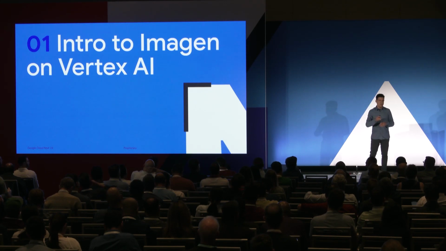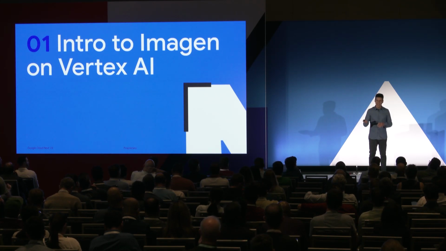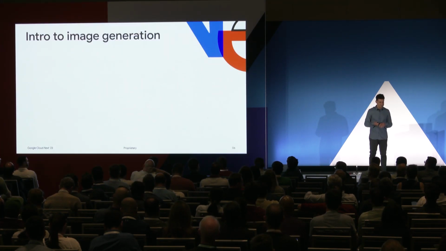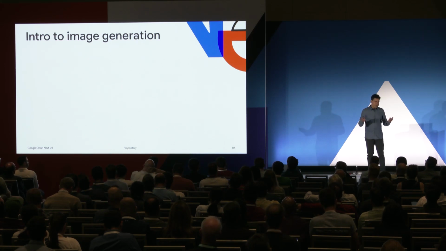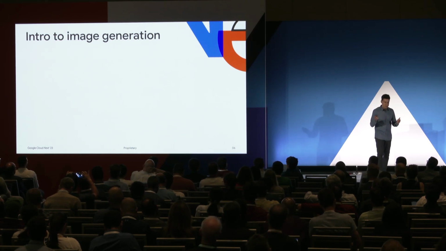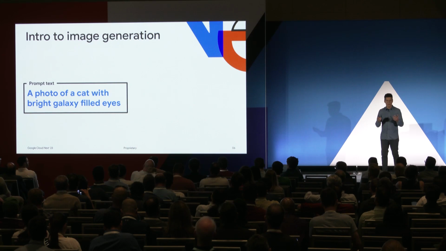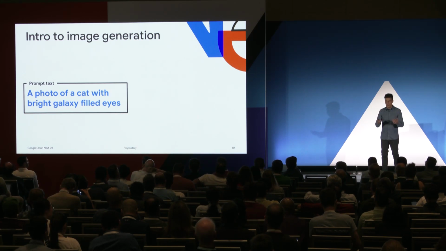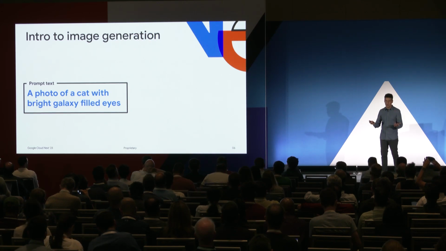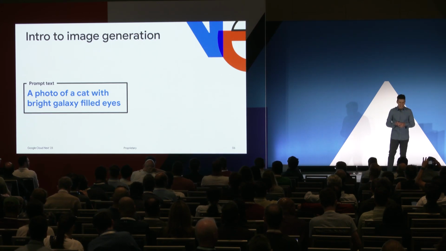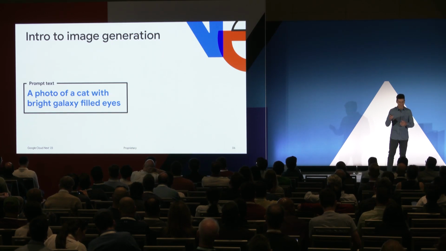But for those of you that haven't used them, I wanted to share a brief overview. Overview at a top level, text-to-image generation. It is an innovative technology that starts with your creation, your innovation. A simple text prompt. So any creator can think about a text prompt, like this one here, a photo of a cat with bright galaxy-filled eyes.